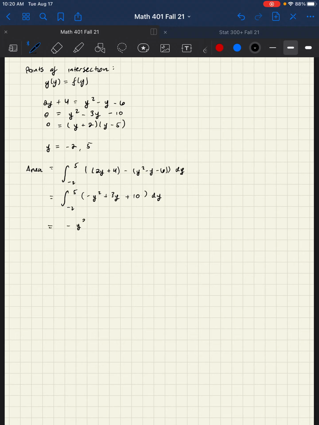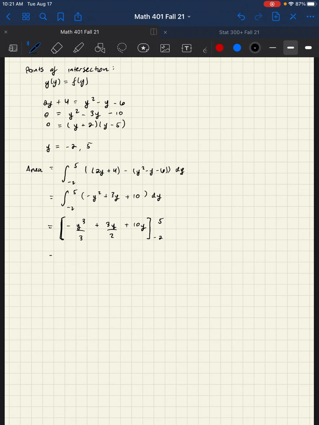And then when you integrate that, you're going to get negative y cubed over 3. Hope that's right. Yeah, we're on the right track. Plus 3y squared over 2 plus 10y. And our limits of integration, of course, are from negative 2 to 5.